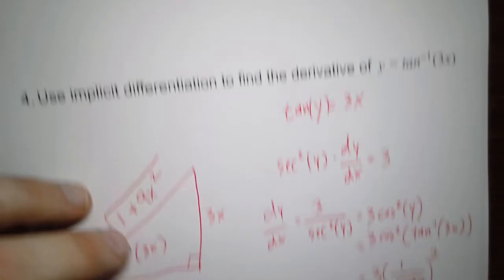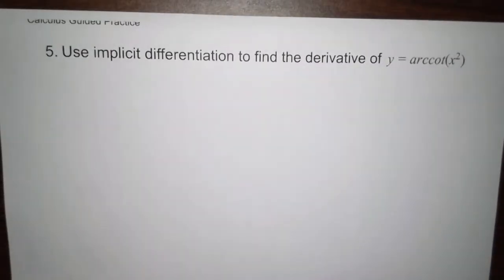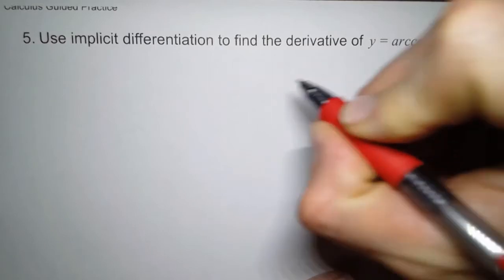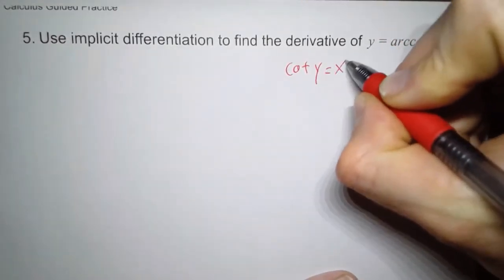So for our final example, now we're looking at arc cotangent, similar to tangent inverse. So what we do is, again, we write this as cotangent of y equals x squared.